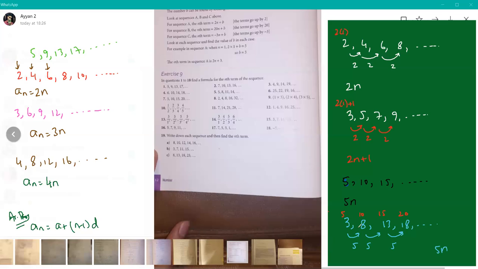If you compare all these values, you will see that your sequence has all the corresponding terms 2 less than 5n. So this will be 5n minus 2. That will be the nth term for this sequence 3, 8, 13, and 18.